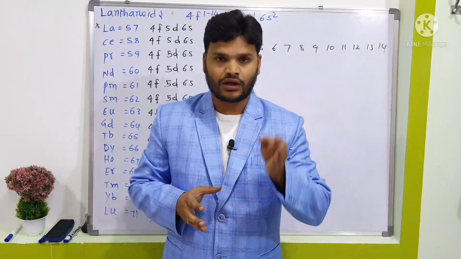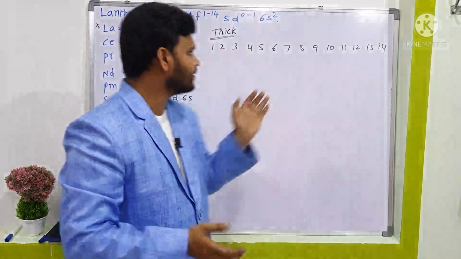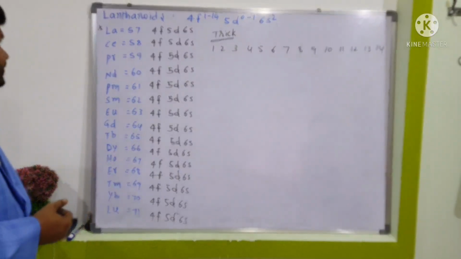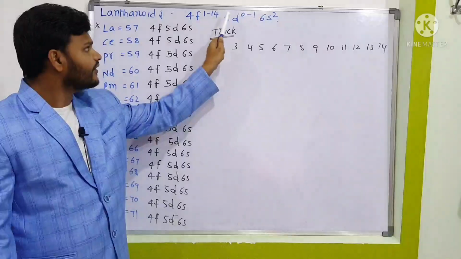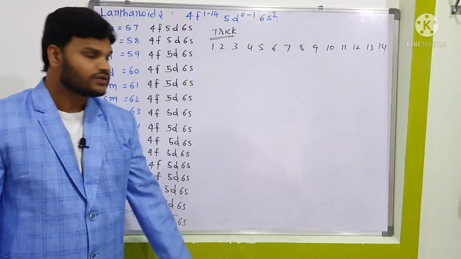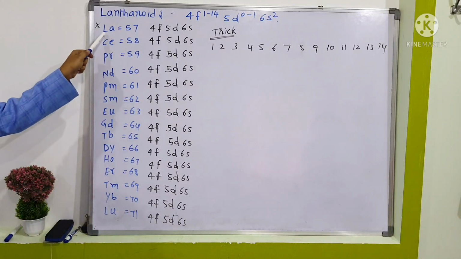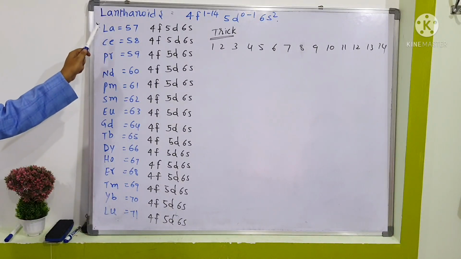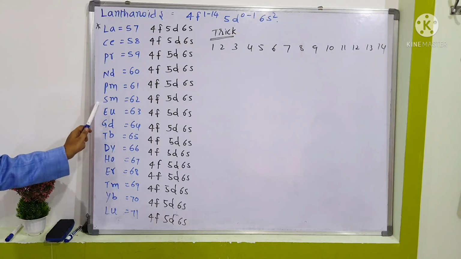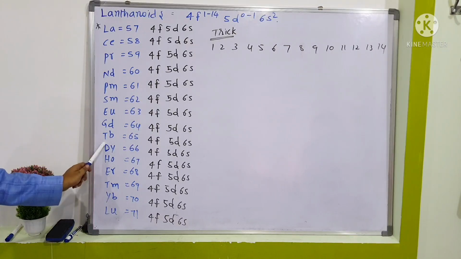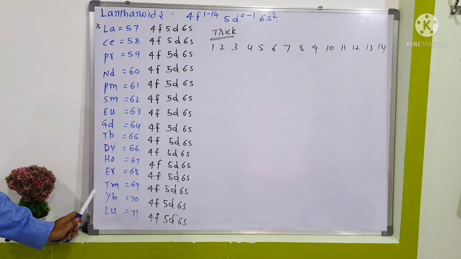Next, how to write the electronic configuration for lanthanoids? This is the trick. Just look at the board. The lanthanoids' general electronic configuration is 4F 1 to 14, 5D 0 to 1, 6S2. After lanthanum, lanthanoids started: lanthanum, cerium, praseodymium, neodymium, promethium, samarium, europium, gadolinium, terbium, dysprosium, holmium, erbium, thulium, ytterbium, lutetium.